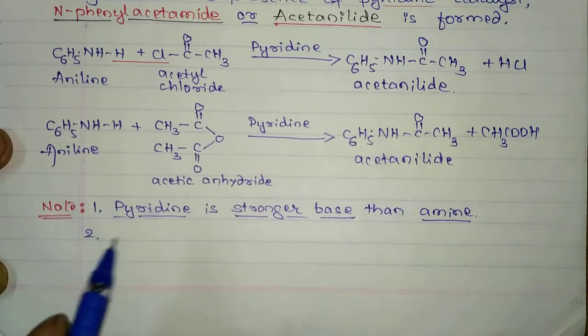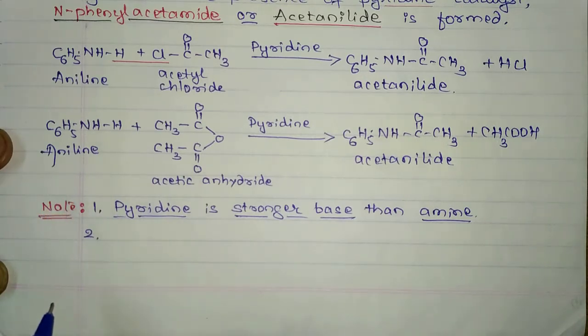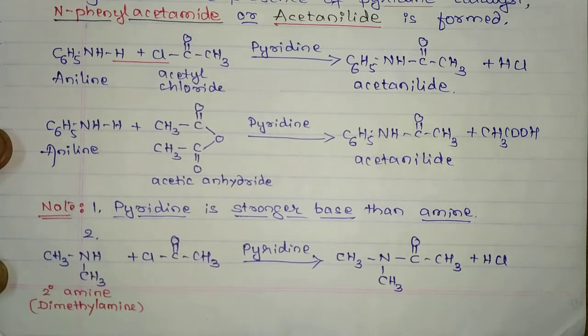Here we have considered only primary amines. Secondary amines also react with acid chloride or acetic anhydride to form N,N-disubstituted amides. Now we'll write that reaction. Secondary amine, dimethylamine, reacts with acetyl chloride, and even with acetic anhydride, in the presence of pyridine as a catalyst.